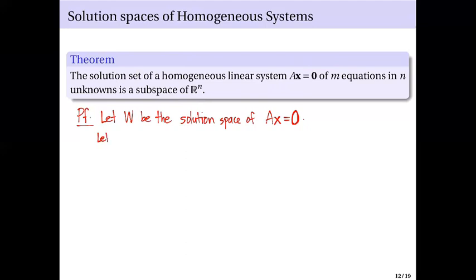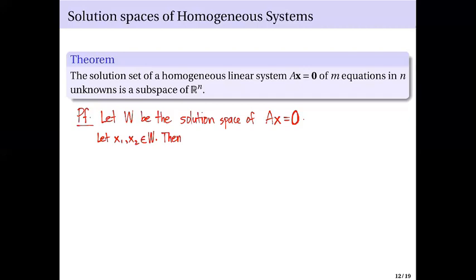Let x1, x2 be in W. We want to show that x1 plus x2 is also in W. But we have been doing this.